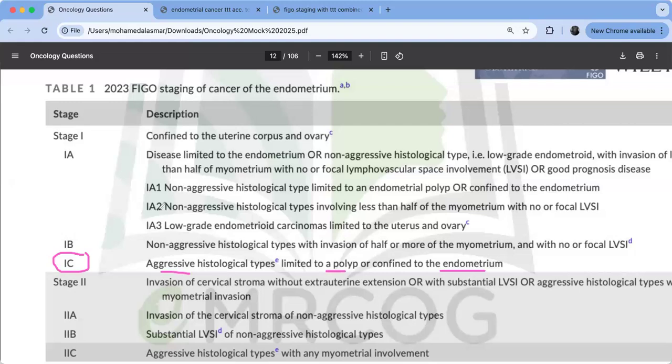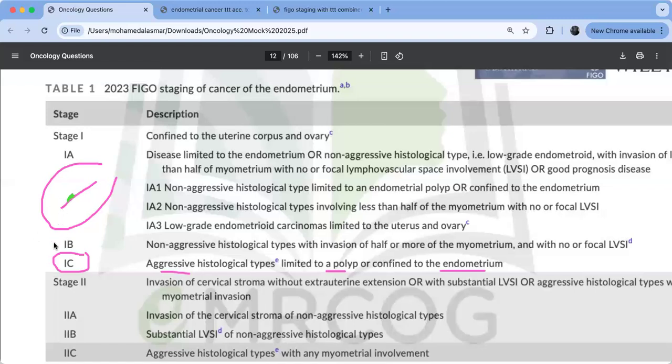Do you remember this drawing that I showed you, and excuse me, guys, for the horrible drawing. This is the endometrium, and we have here the aggressive type. It's confined to the endometrium, but it's aggressive. So what will I call this stage?